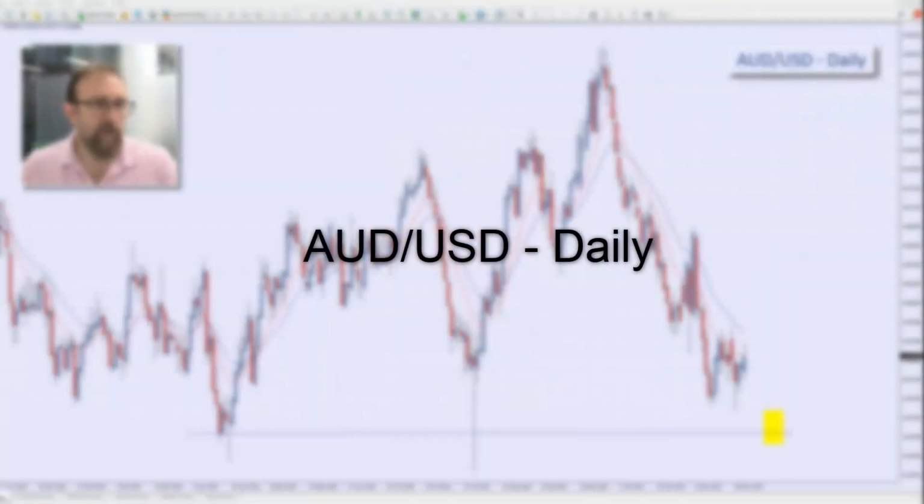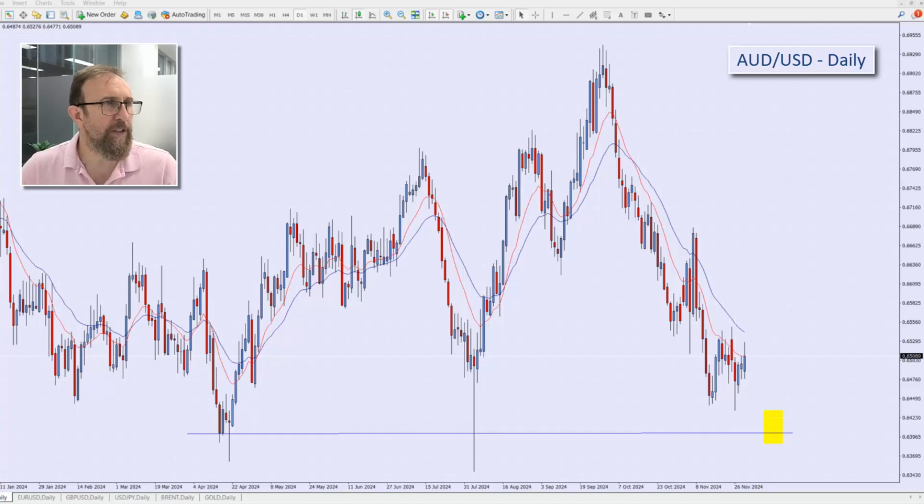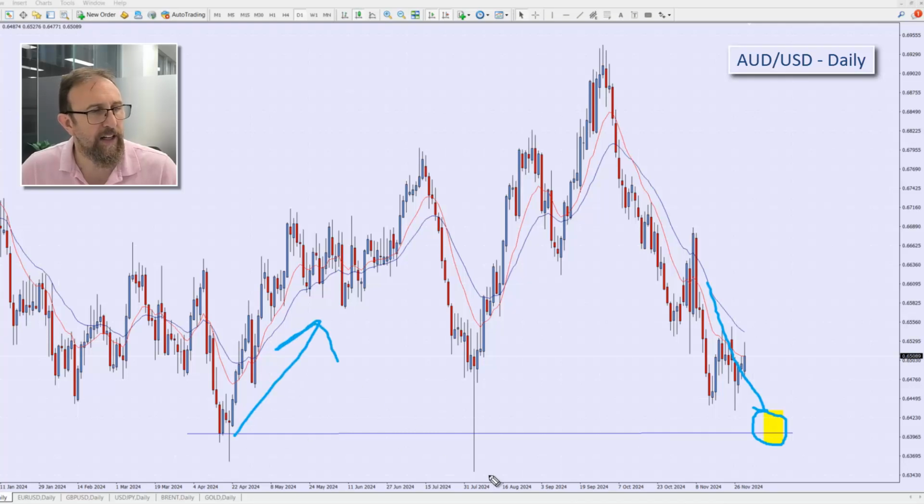Other than that, let's get started and kick off with the Aussie US dollar. We've been tracking this market, and we have an expectation that it can perhaps move down towards this highlighted area. We've bounced on that area on two occasions, and we want to see if we get there again, will it bounce one more time, giving us an opportunity to trade in the upward direction. We haven't quite reached it yet, so I'm still waiting for the candles to come down here.